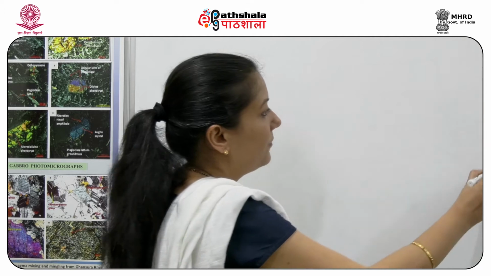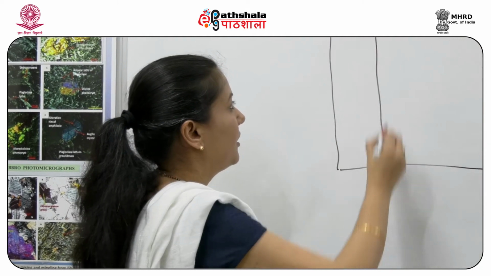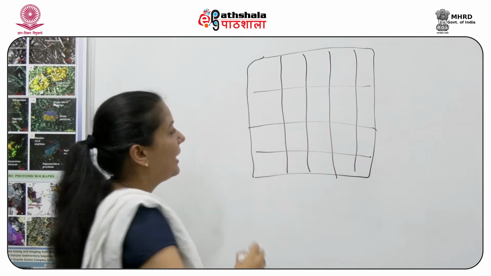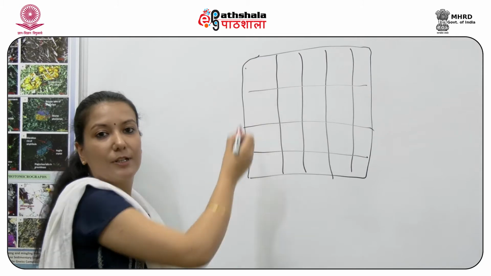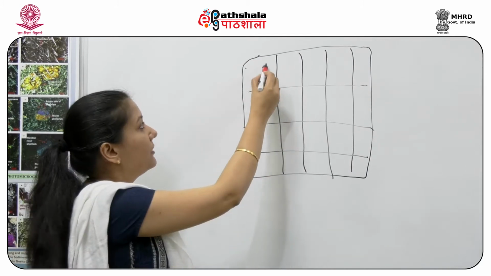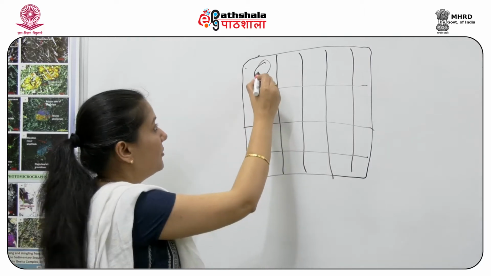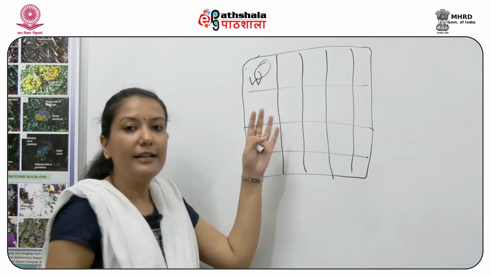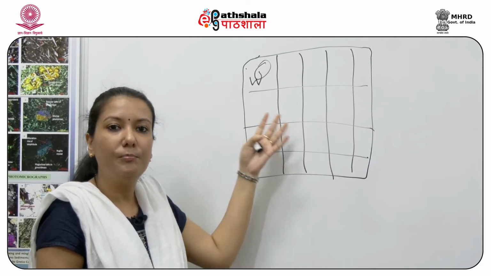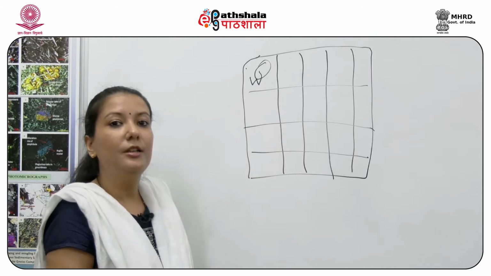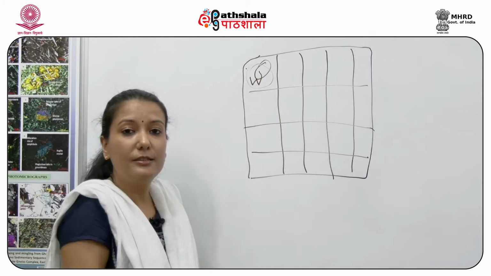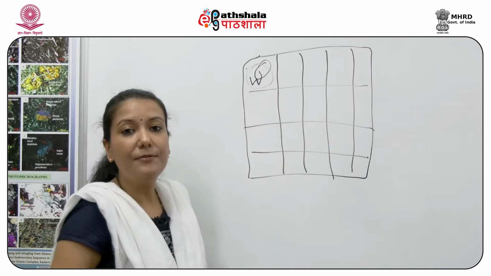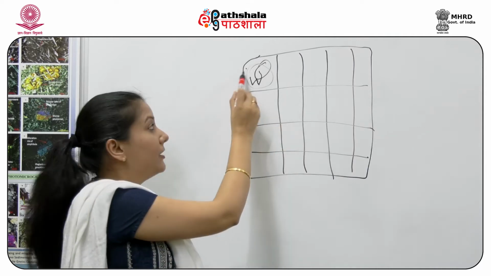Suppose, again, I draw the same image that we previously had, and suppose we know geographically, because it may be an area which we know, that this pixel represents a water body. So we already know that water is present here. But this is a small area, and you will have a big area that you want to classify. So on the basis of the reflectance of this value, we can automatically find wherever pixels have similar values in all the 4 bands.